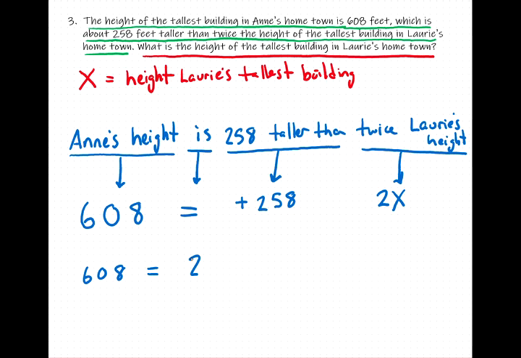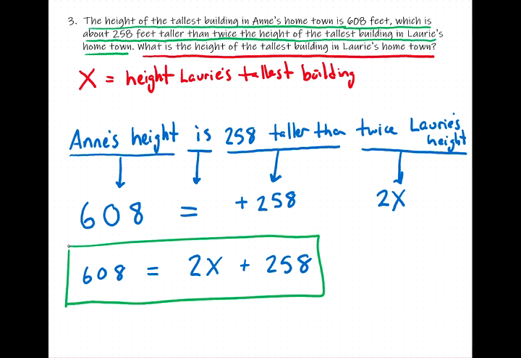So we could put the 2x first and add the 258. So we have the height of Anne's building, the 608, is 258 more than, plus 258, twice the height of the tallest building in Laurie's hometown. That's the 2x. Okay, so here we have our equation.